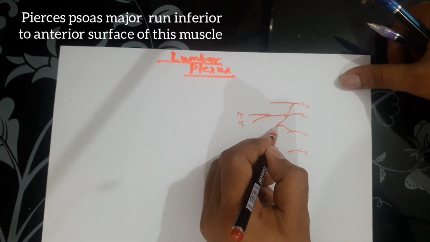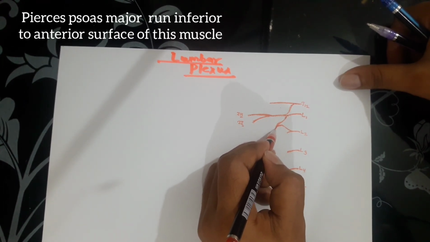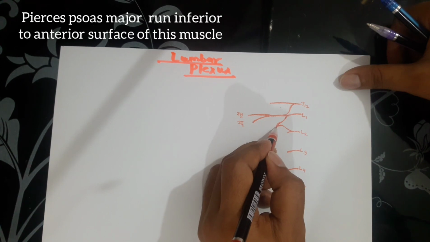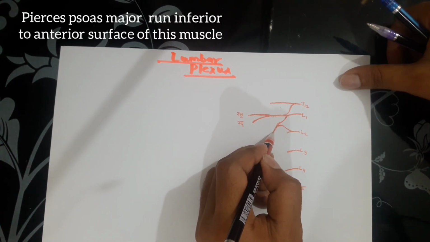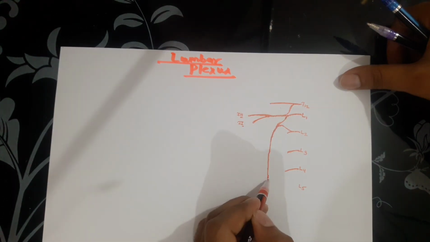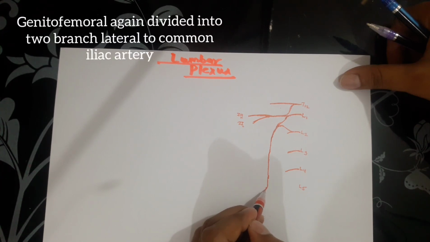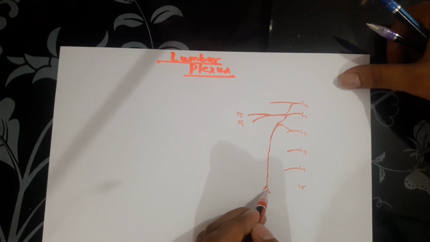This nerve pierces the psoas major muscle and runs inferiorly on the anterior surface of the psoas major muscle. Then it divides into two branches, the femoral and genital branches, lateral to the common iliac artery.